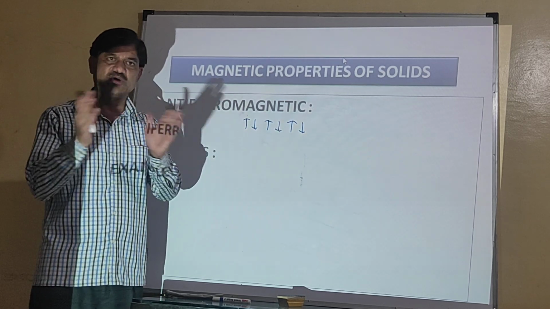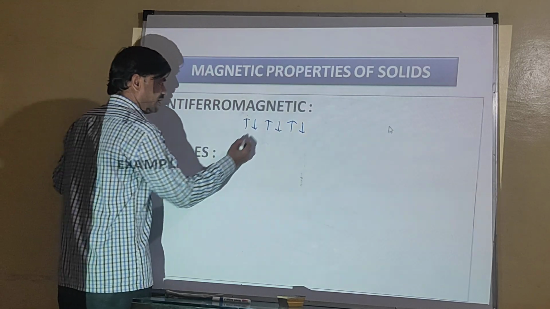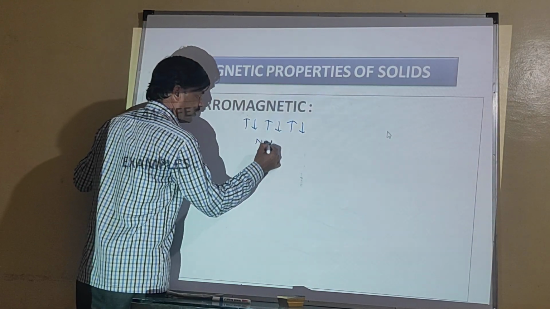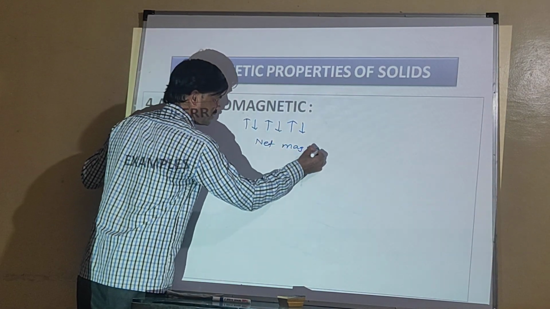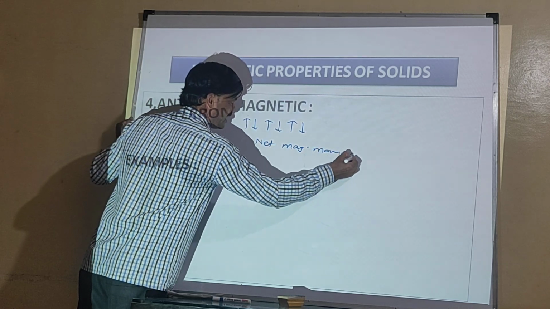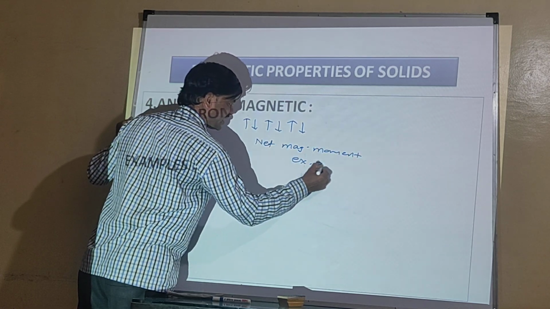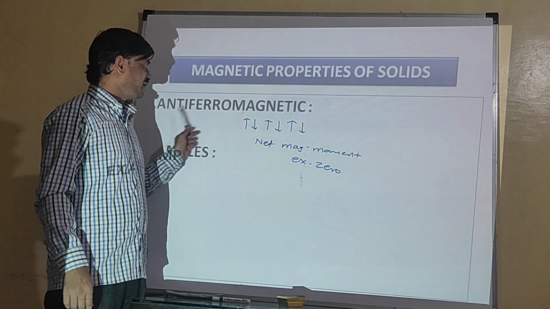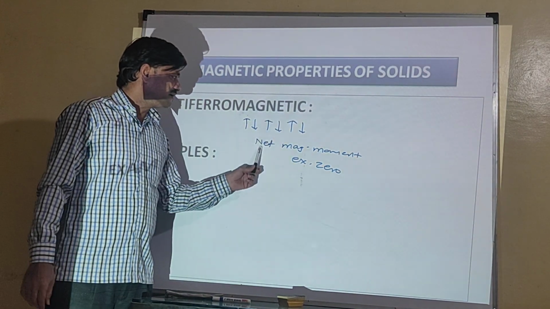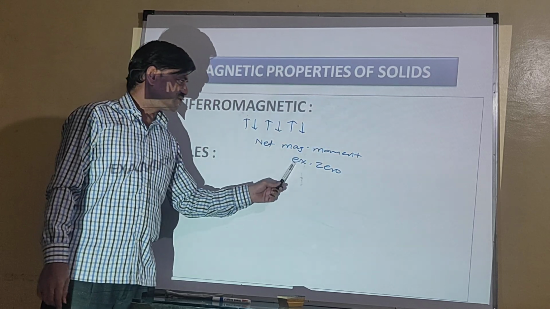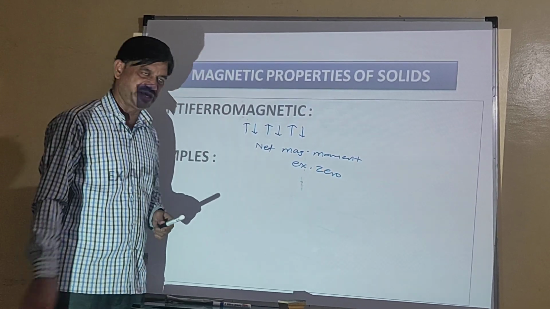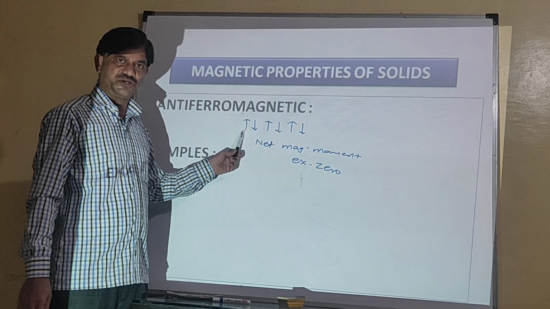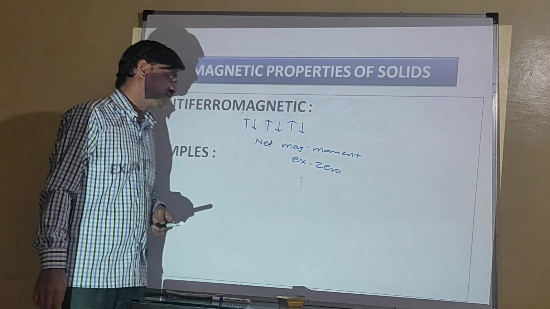So these magnetic moments get cancelled with each other. And what happens in this case? The net magnetic moment is exactly 0. Remember, for MCQs, in antiferromagnetism, the net magnetic moment of the species is exactly 0. What is the reason behind this? Equal and opposite distribution of magnetic moments.